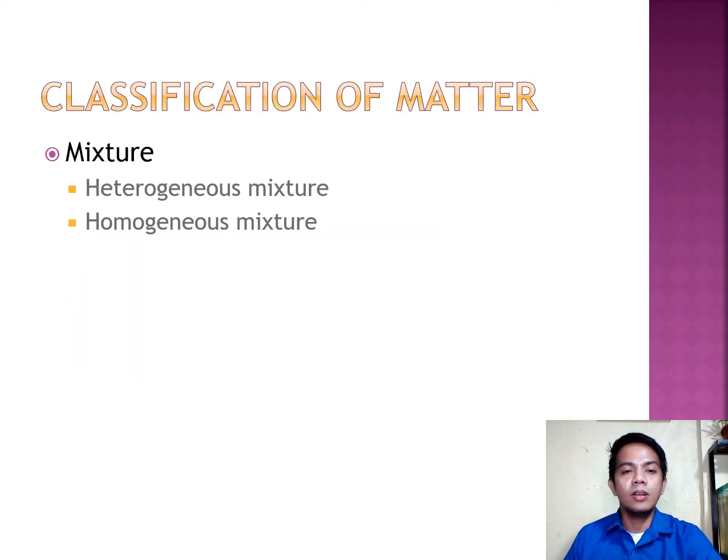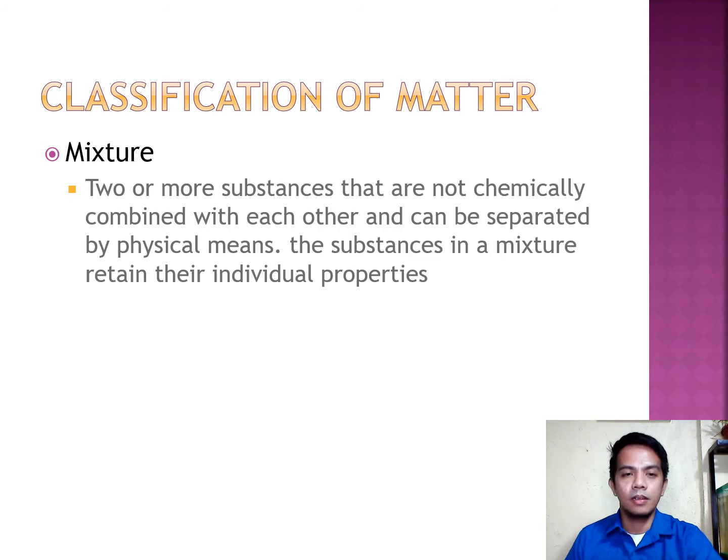Mixture has two classifications or subdivisions, the heterogeneous mixture and the homogeneous mixture. A mixture is two or more substances that are not chemically combined with each other and can be separated by physical means. The substances in a mixture retain their individual properties.